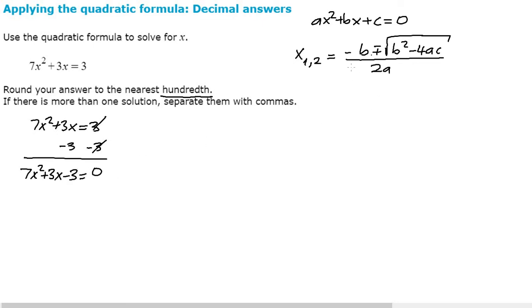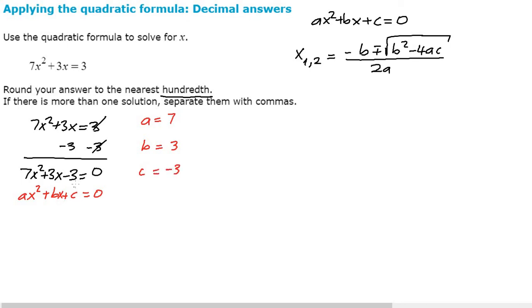Now, if we match it up with the standard form of the equation, which is ax squared plus bx plus c equals 0, let's rewrite this standard form. Now you can notice that a is equal to 7, b is equal to 3, and c is equal to negative 3.